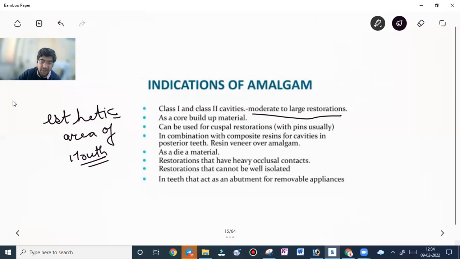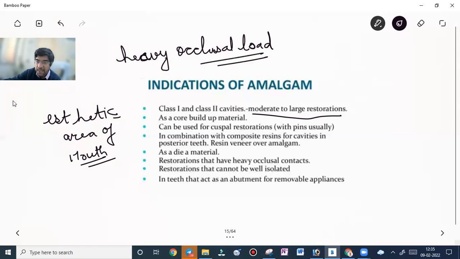The most important point is that we give amalgam restorations that have to bear heavy occlusal load. It is a property of amalgam that it can bear heavy occlusal load.